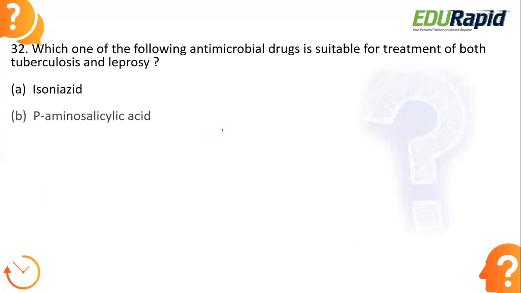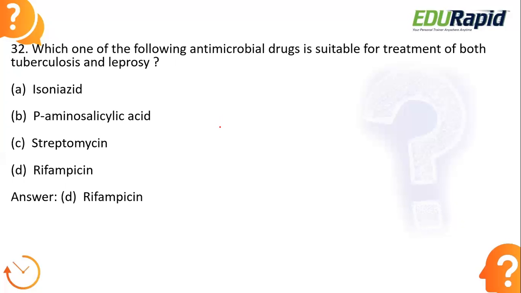Isoniazid, P-aminosalicylic acid, streptomycin, or rifampicin. And here the right answer is option D, rifampicin.